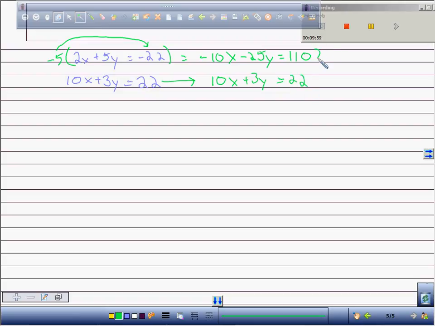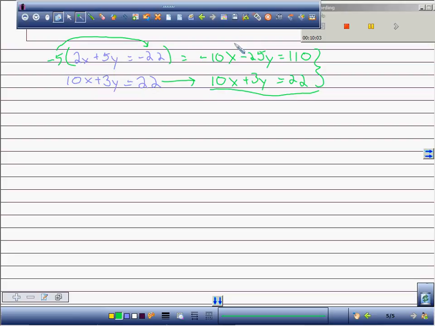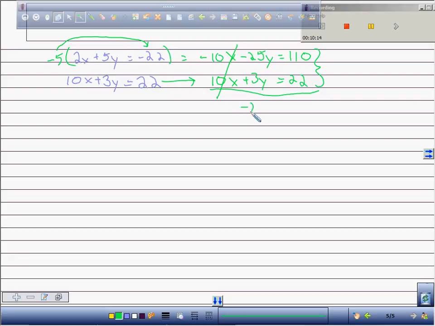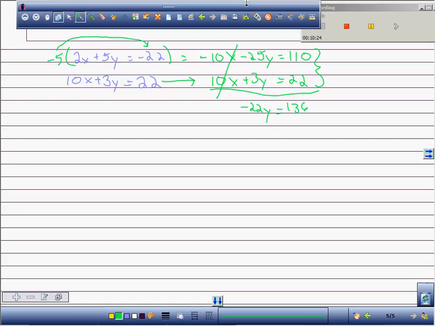And now you take those two transformed equations and I add them together. What happens to my x's? Boom. Okay? Negative 25 plus 3. Anyone know what that is? Negative 22y. And 110 plus 22 makes 132. 132, not 136.